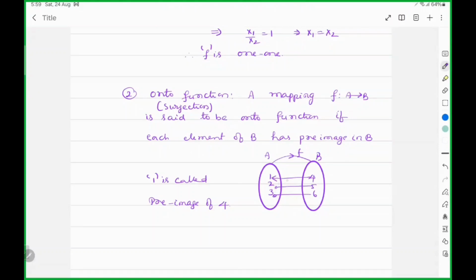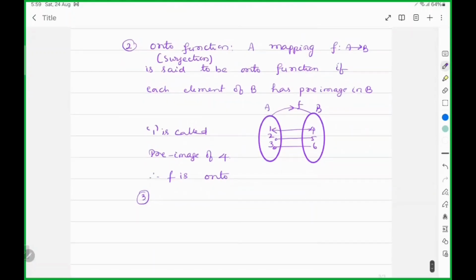So here every element has a pre-image. Therefore f is onto. So here, which is not onto?